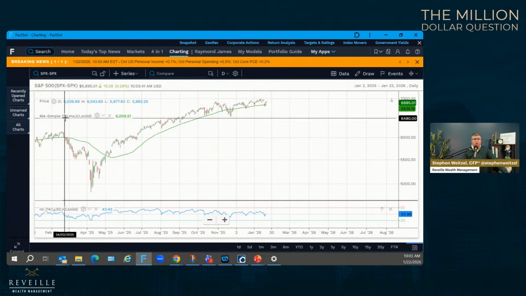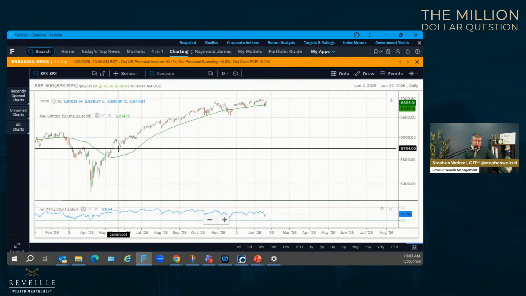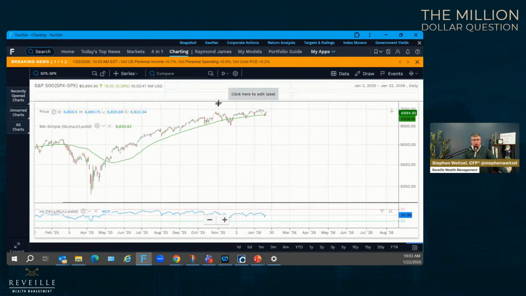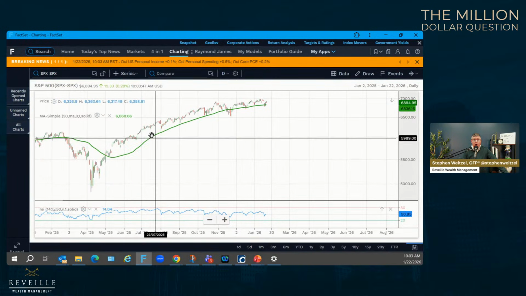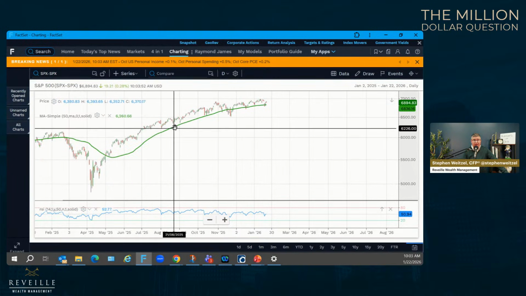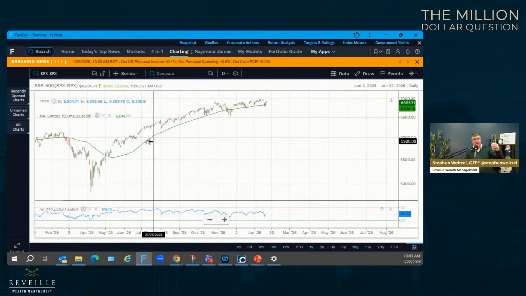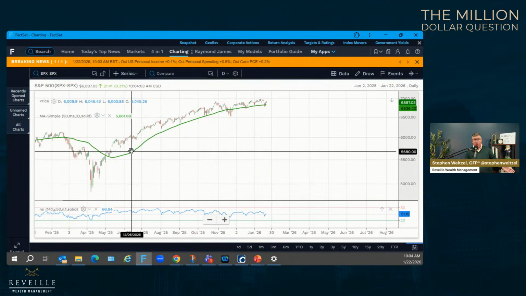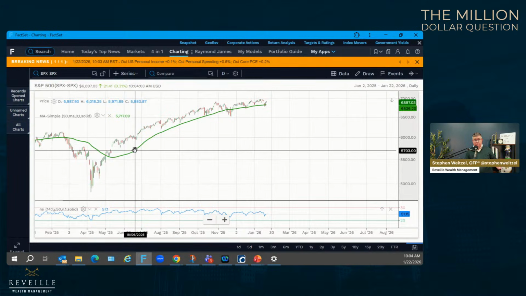And let's start with, okay, the first one that comes up is a 50-day simple moving average. We're looking at a daily chart here. And so all this line does is show us the average price, the average closing price, mind you, of what has happened over the last 50 days.